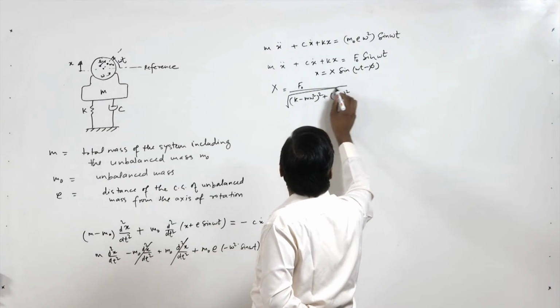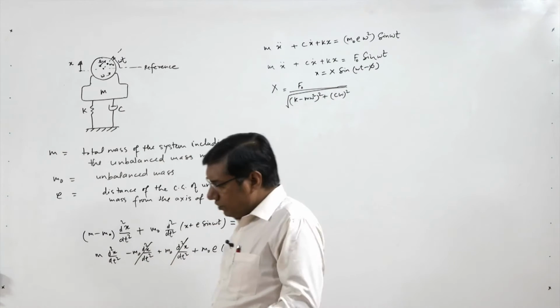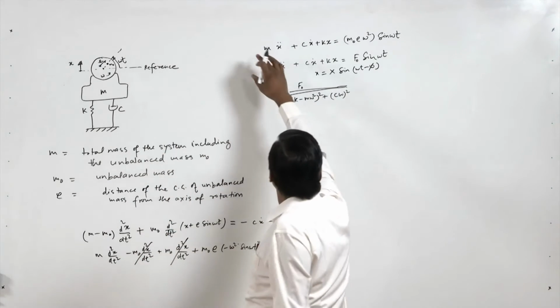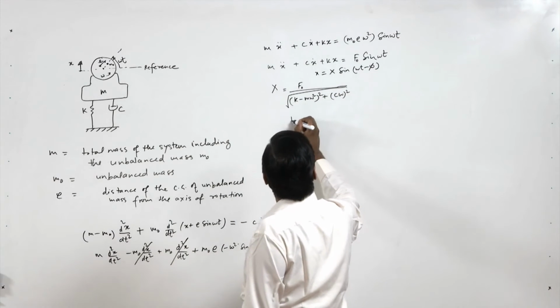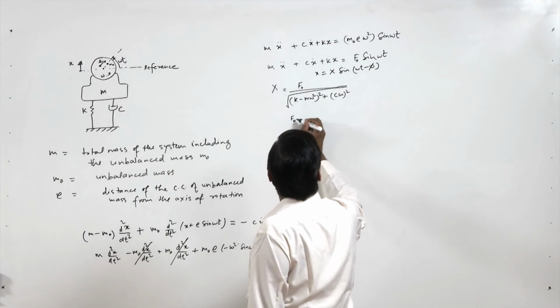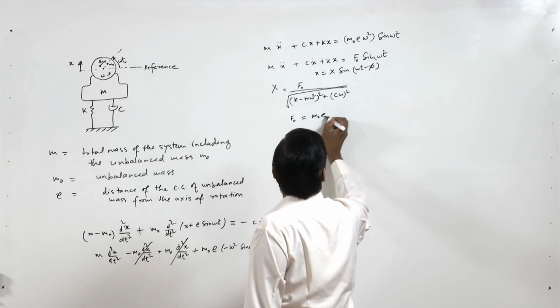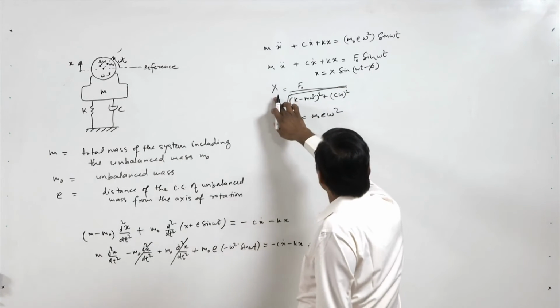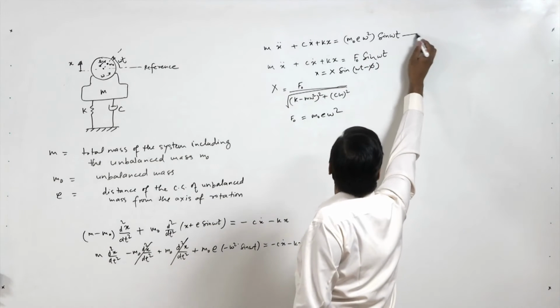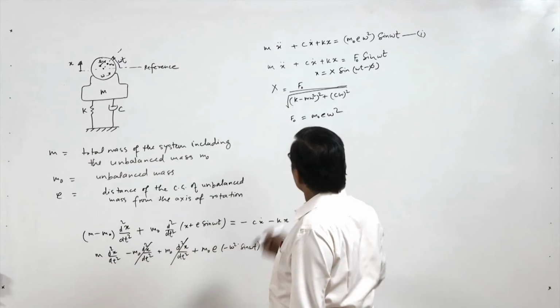This we have already derived. Now here, we can put F0 equal to m0 e omega square in this equation, and we can find the amplitude response of this equation number 1.